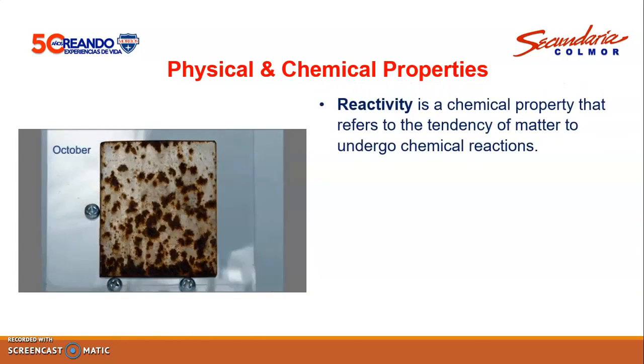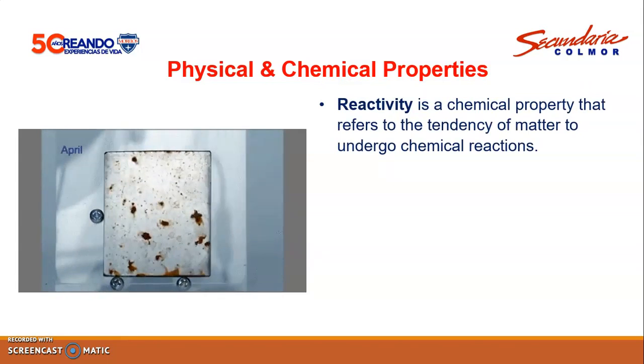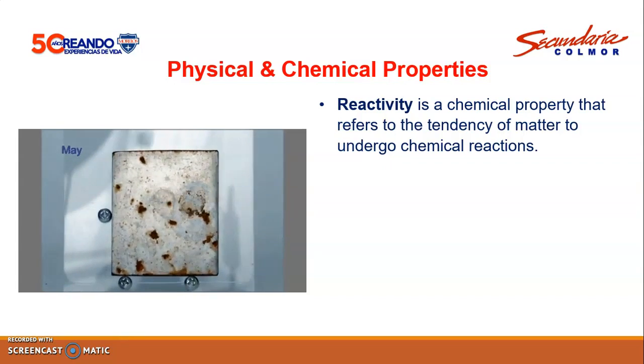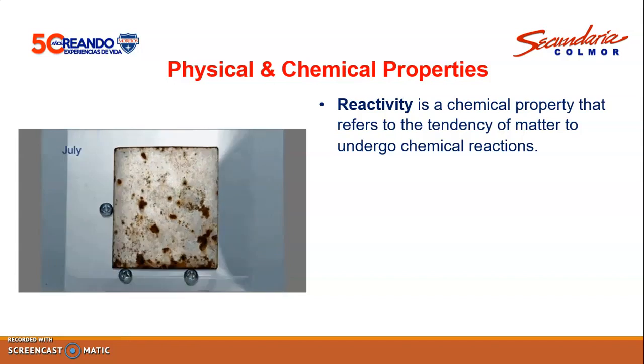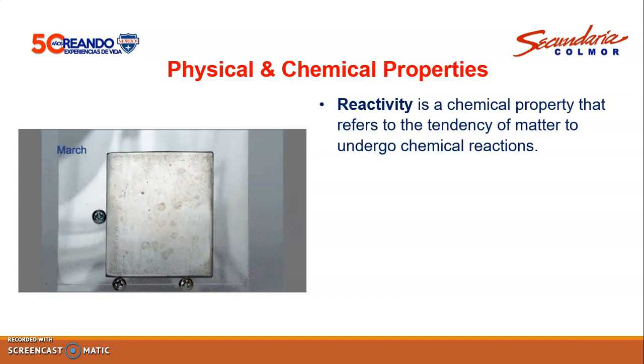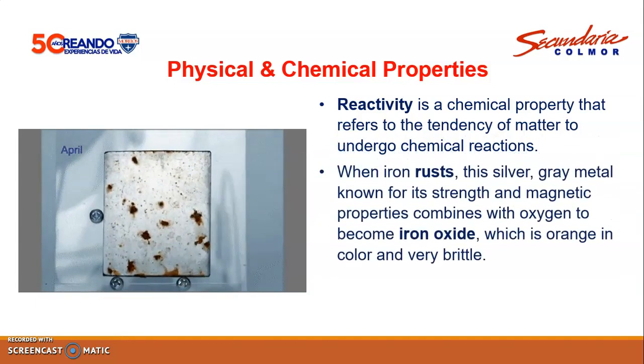Okay, so reactivity is a chemical property that refers to the tendency of matter to undergo chemical reactions. Not all kinds of matter can undergo chemical reactions. Okay, so that property is called reactivity.